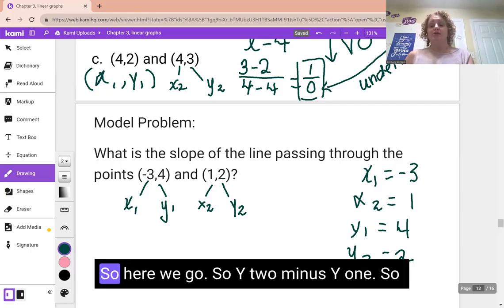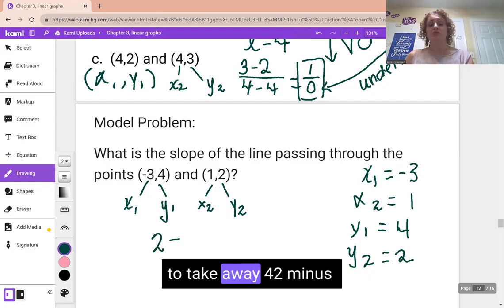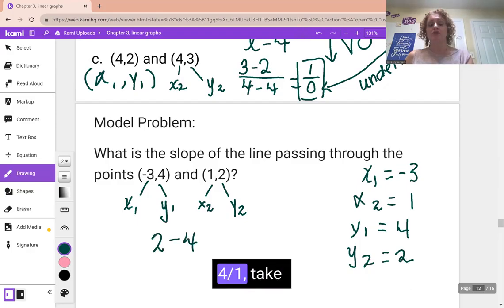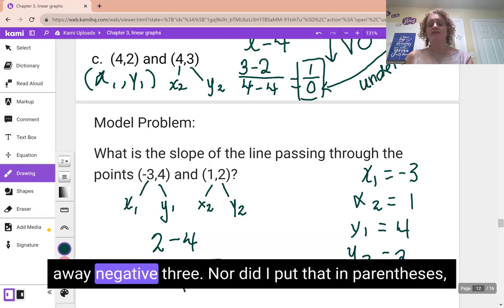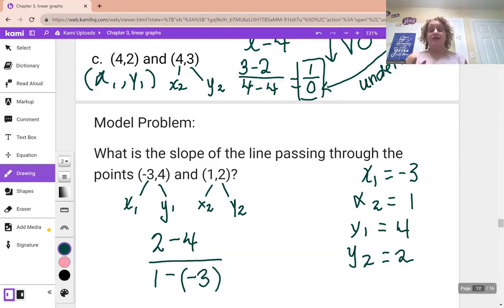So here we go. y2 minus y1, so 2 take away 4, 2 minus 4, over 1 take away -3. Note I put that in parentheses so I don't forget those two negatives there.